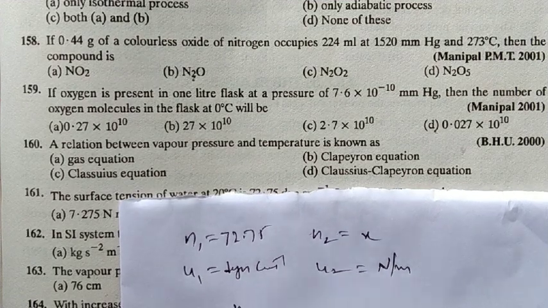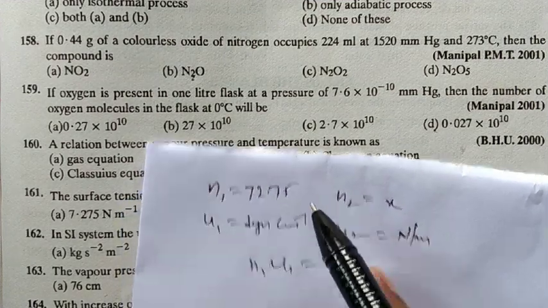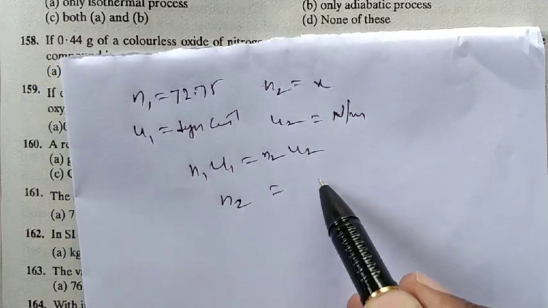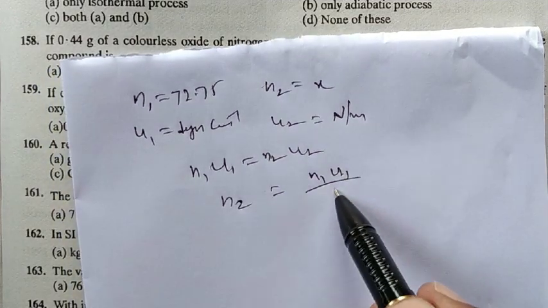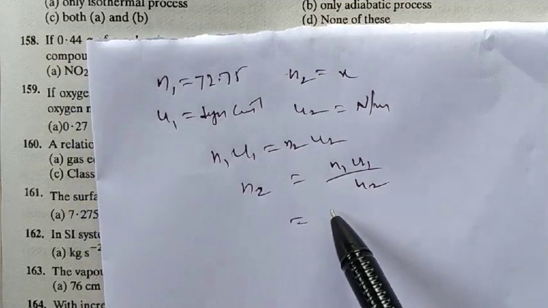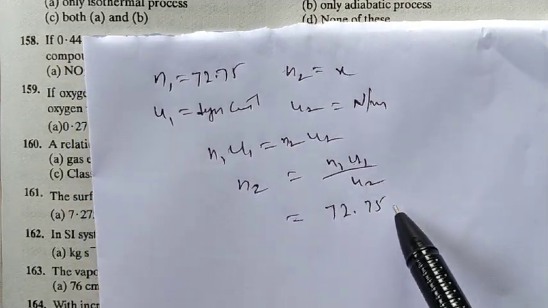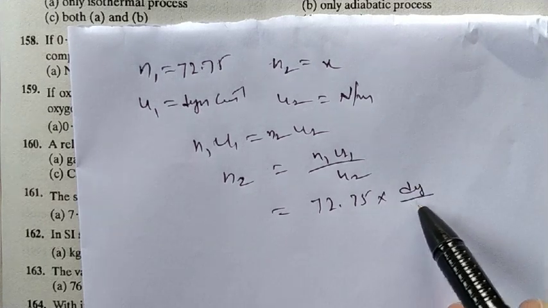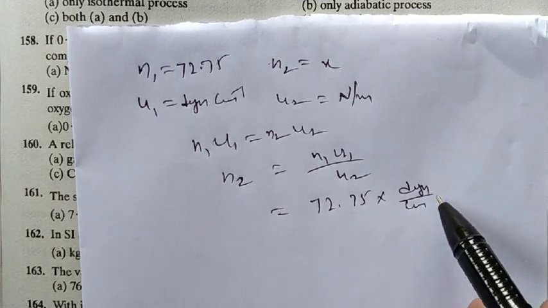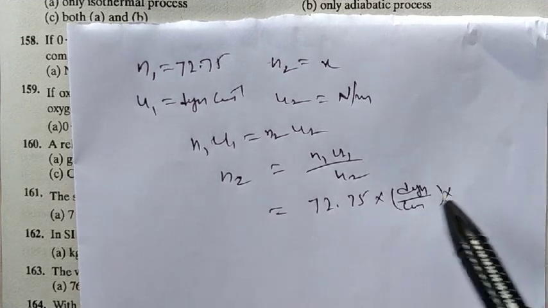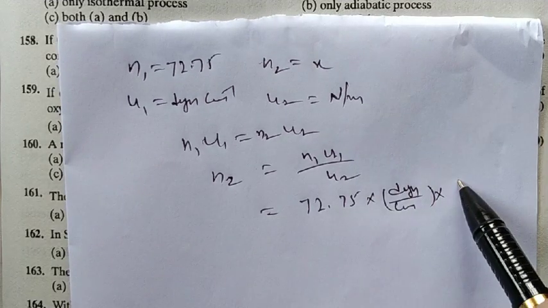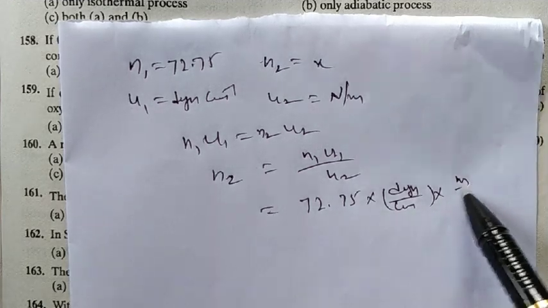Then you can write N1 U1 equal to N2 U2. Is it okay? Then from here N2 equal to N1 U1 by U2. Then it is equal to N1, that is 72.75, into U1, that is dyne per centimeter, divided by Newton per meter. That means we can write meter per Newton.